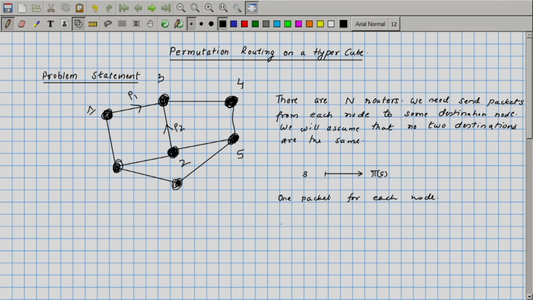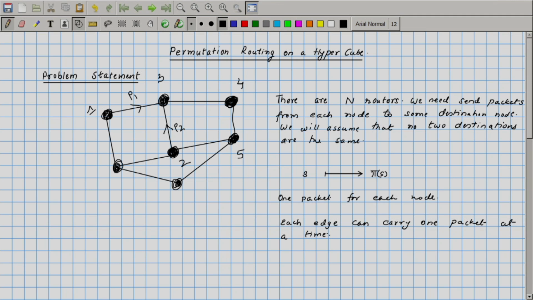So, we will assume that each edge can carry one packet at a time. We will say that there is some kind of synchronization wherein at each clock tick one packet moves from one node to the other.